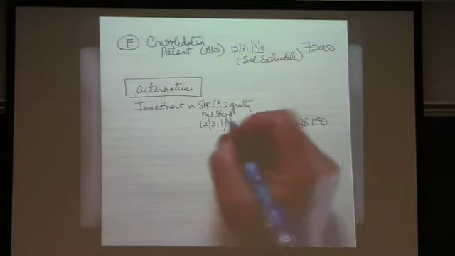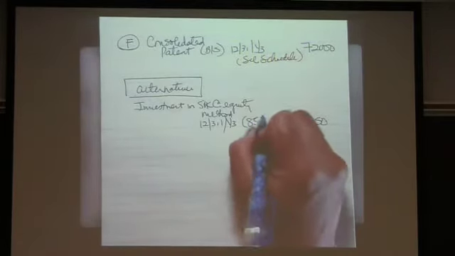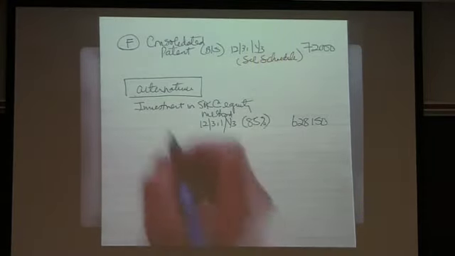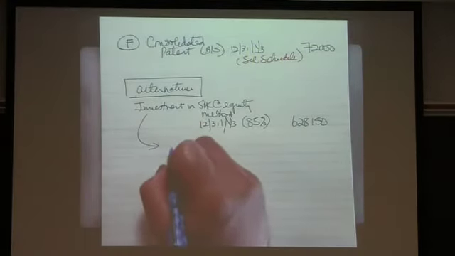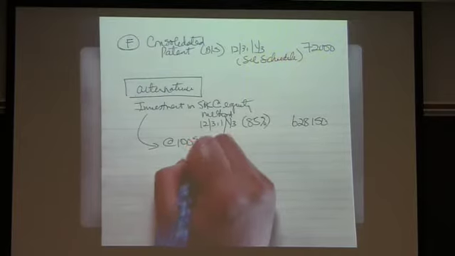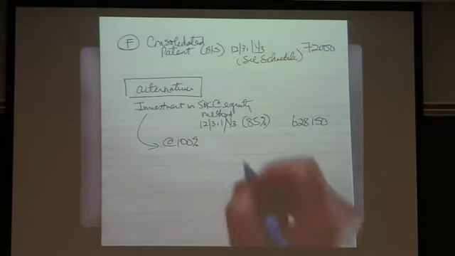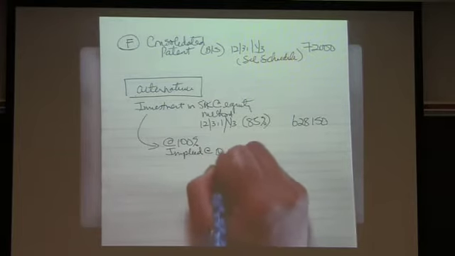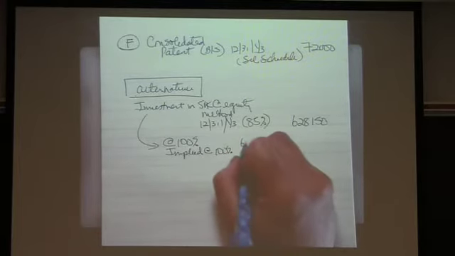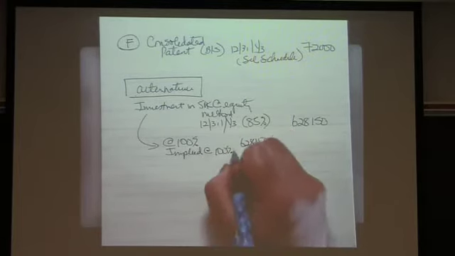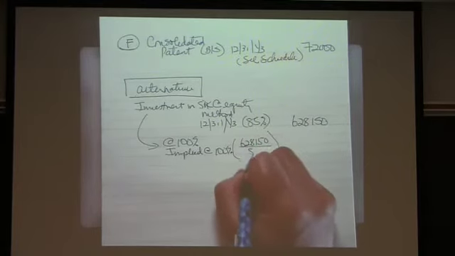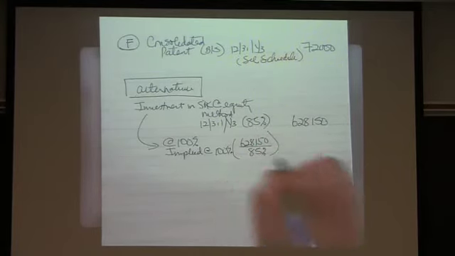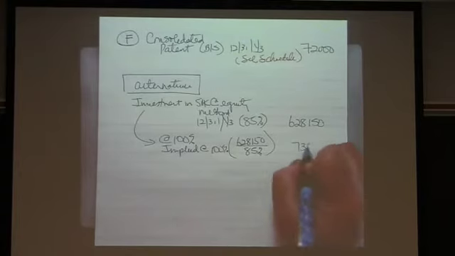And this represents what? 85%, right? So what would the investment in Silk be at 100%? So let's think about that for a minute. The implied value at 100% of the investment would have been 628,150 divided by 85%. That gives us 739.